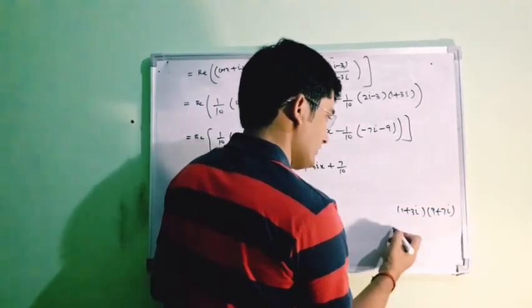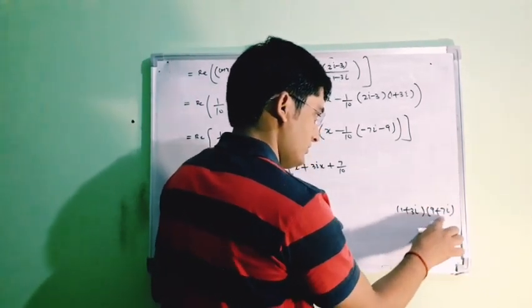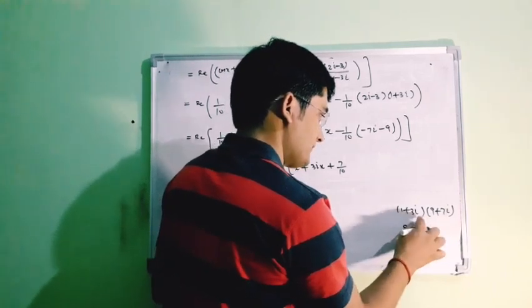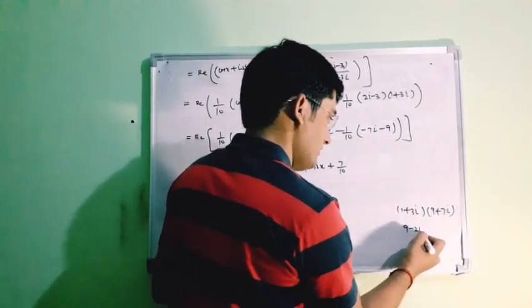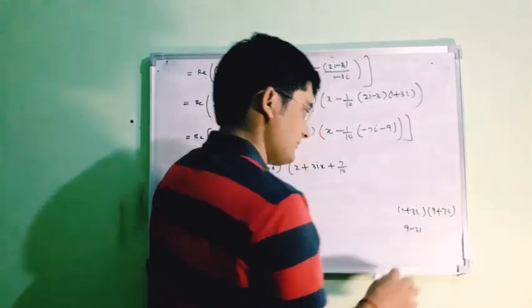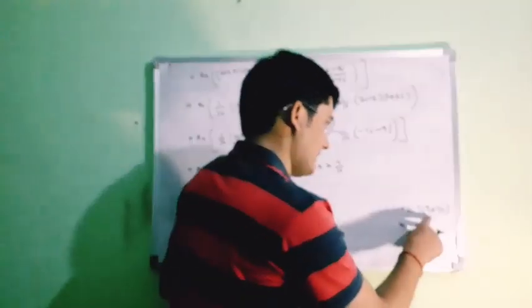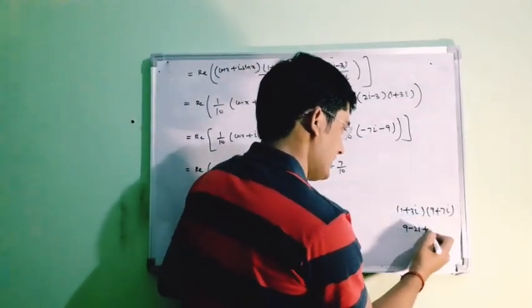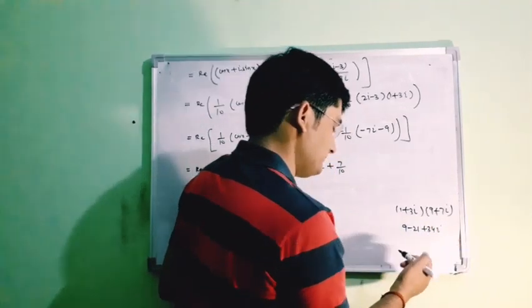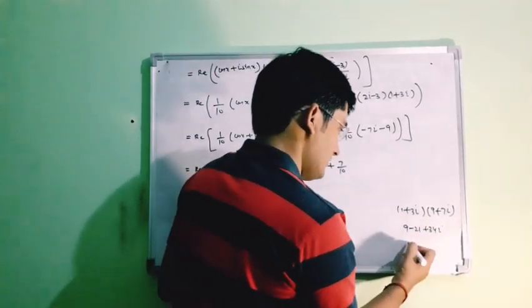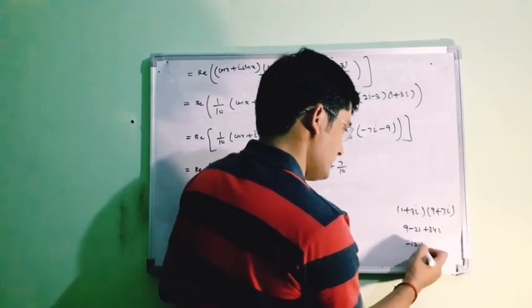So this is equal to, this is your 9 minus 21 plus, we will have 34i. So that means this is your minus 12 plus 34i.